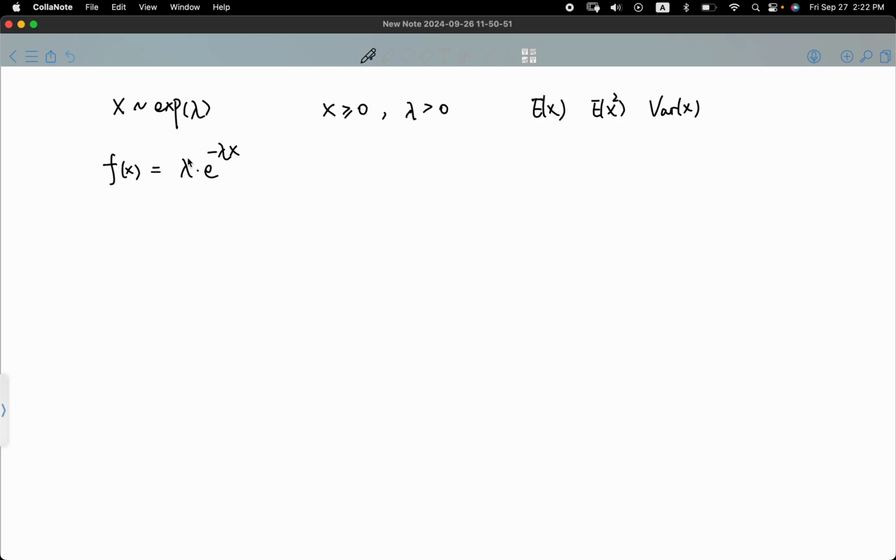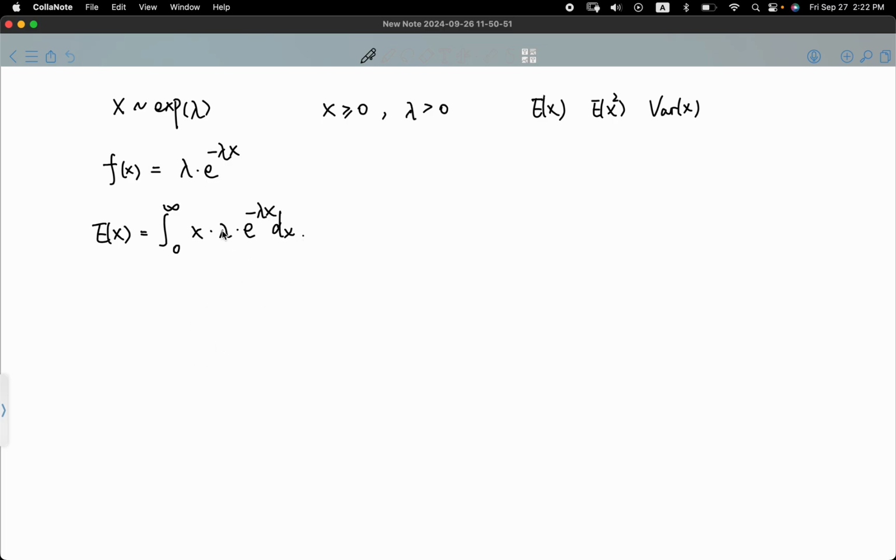Okay, now let's evaluate the expected value. We have the integral, let's write it more specifically, from 0 to infinity, x multiplied by lambda e negative lambda x dx.